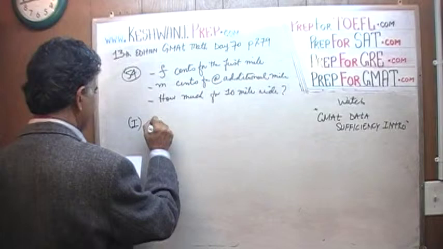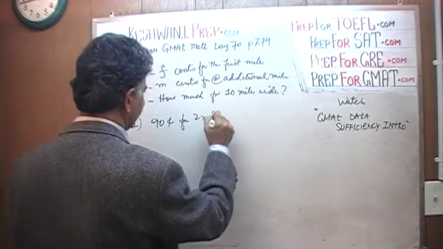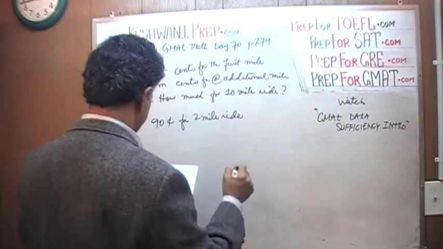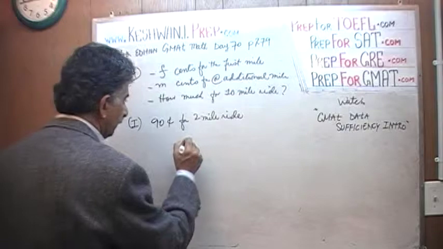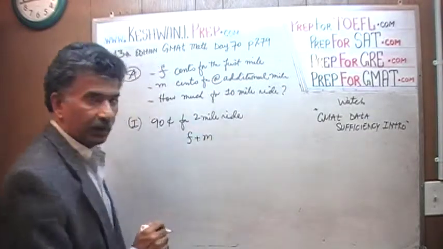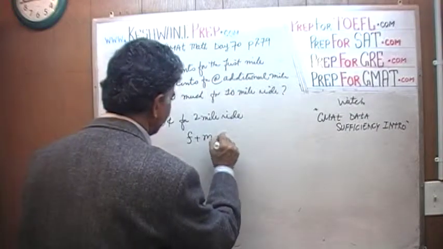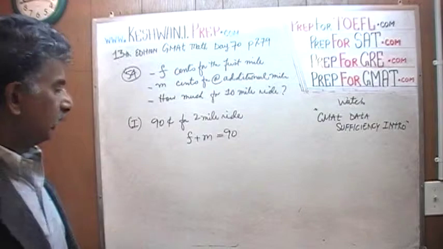The first statement tells us that it charges 90 cents for a 2-mile ride. Now we know for a 2-mile ride we'll end up paying F cents for the first mile and M cents for the next 1 mile, for a total of 90 cents. But that's not enough. We have two unknowns and only one equation.